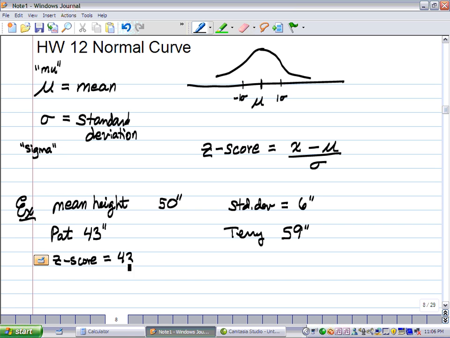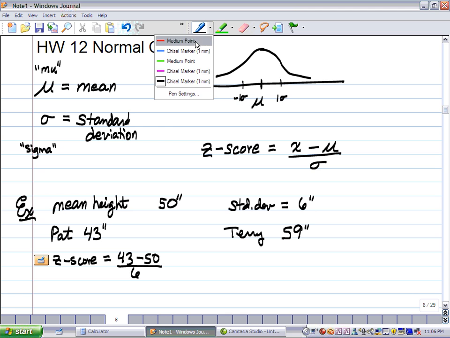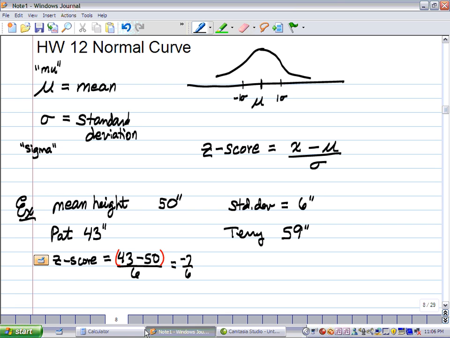Pat's z-score is going to be 43 minus 50 divided by 6. If you put the whole thing in the calculator at once, remember you need to put in the invisible parentheses on the numerator. I'm going to do it in parts. 43 minus 50 is negative 7 over 6.